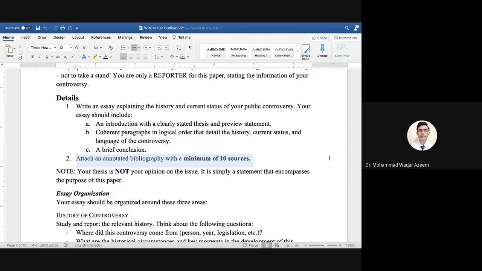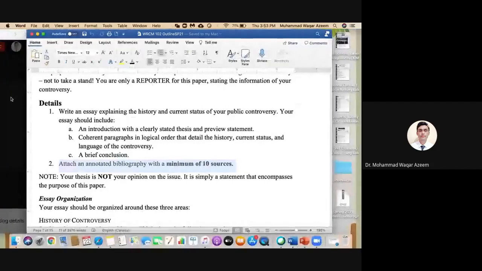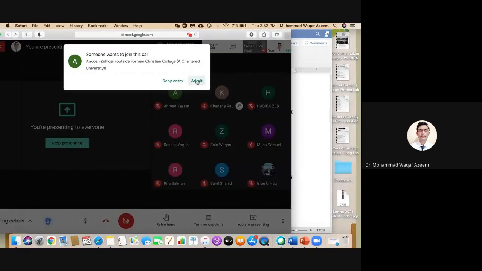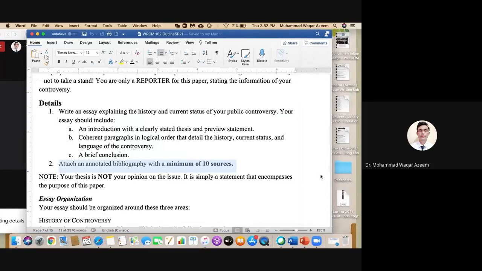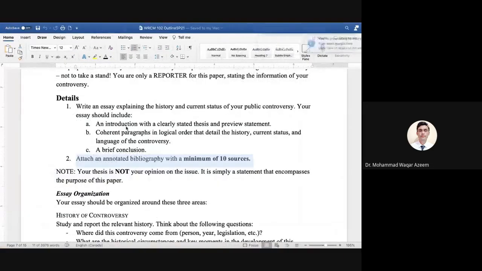You should attach an annotated bibliography with a minimum of 10 sources. So in fact, most of you, well, I think all of you already have these 10 sources with you. You can attach that with this assignment.